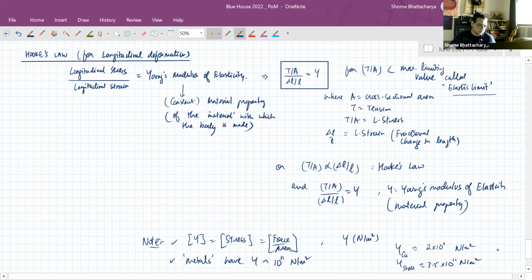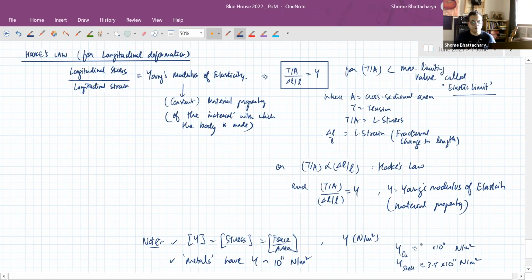Interestingly, of course, Young's modulus varies a little bit with temperature. Sorry, copper is about 1.2, not 2.